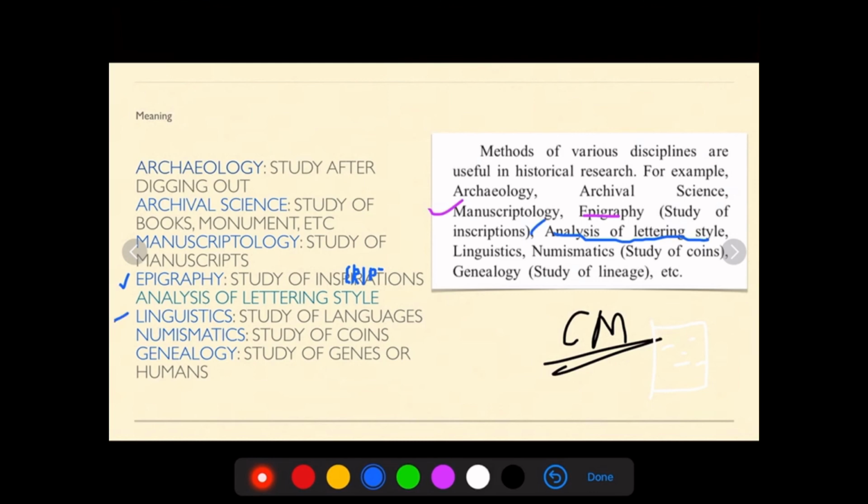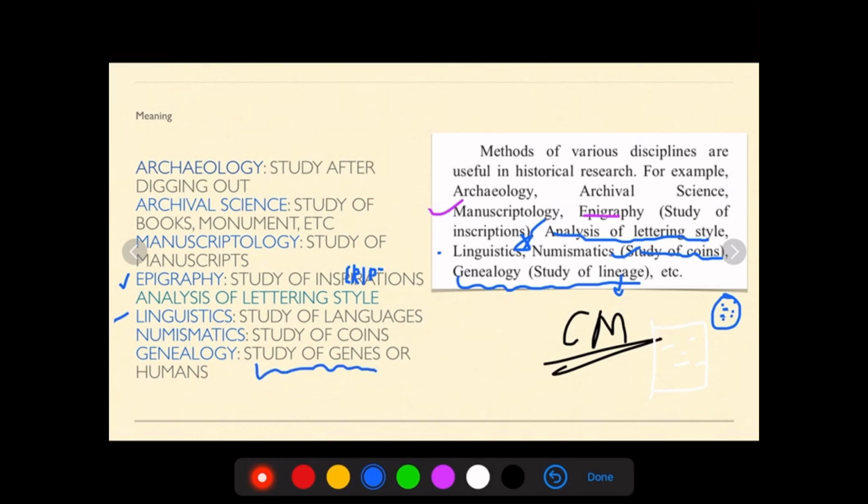Next is linguistics. Linguistics is the study of languages, types of languages. There are many languages, and the study of languages comes in linguistics. Next is numismatics. Numismatics, study of coins. Next is genealogy, study of lineage, ancestors, all old things, or study of genes.